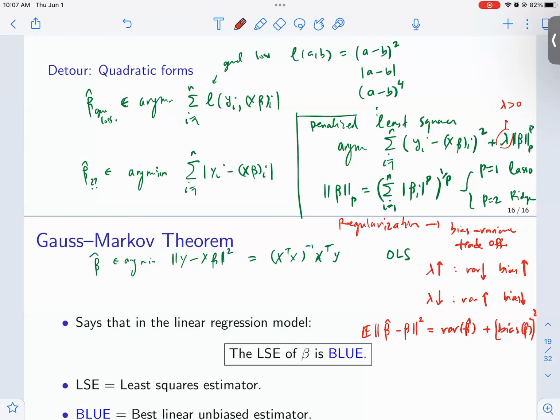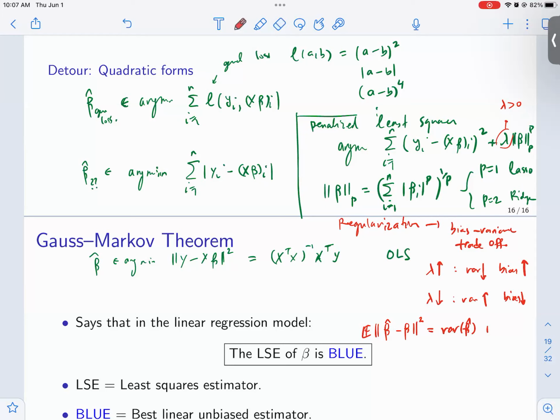The bias, actually, that has to be the norm of bias. Bias would be a vector. Norm of bias of beta hat squared plus variance of beta hat. Yeah, so this is going to be troublesome.